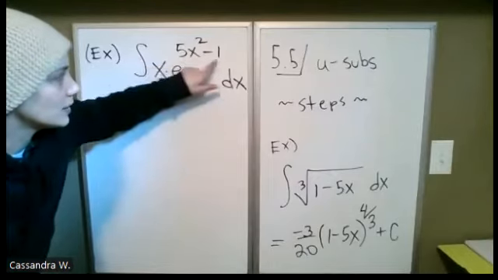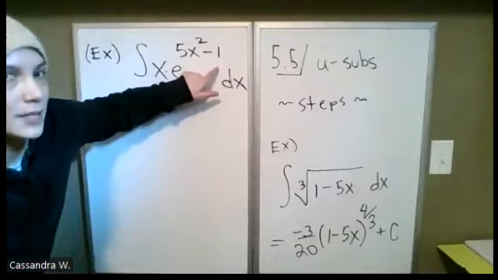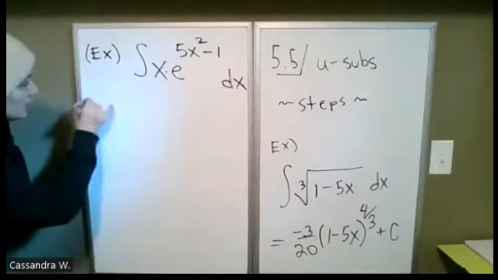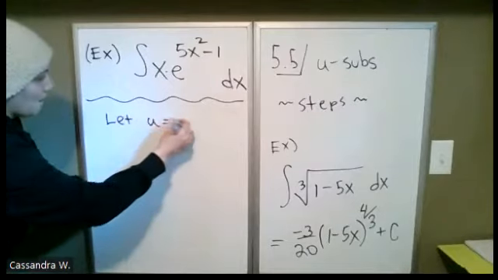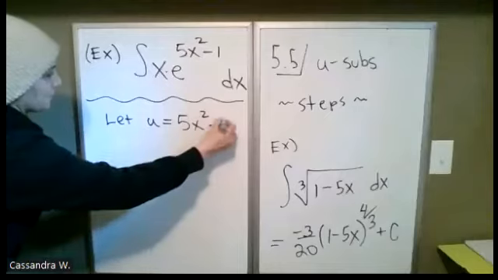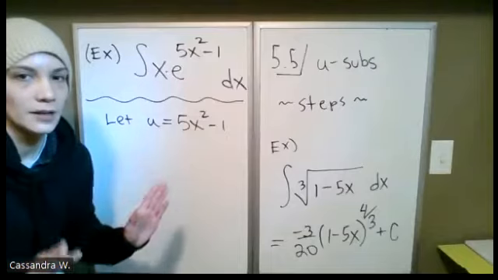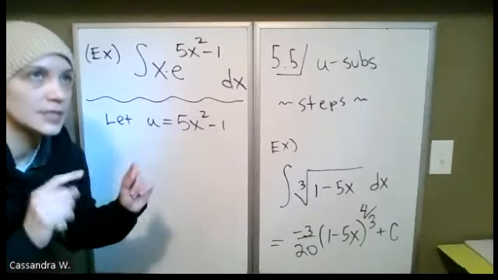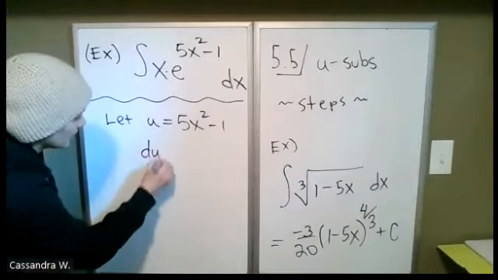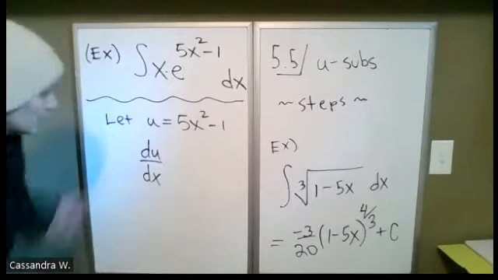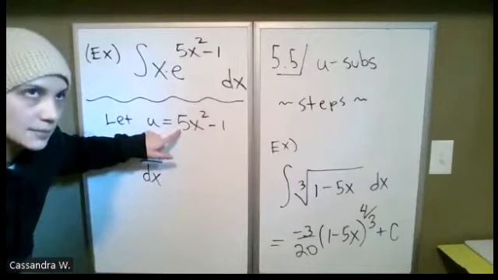For me, it's all of the values that make up this exponent. The 5x squared minus 1 is going to be my substitution. Then we're doing a derivative. Take the derivative of u with respect to x: u prime is equal to 10x.